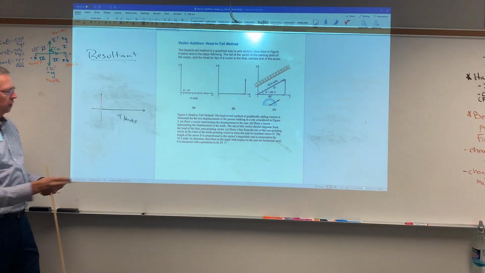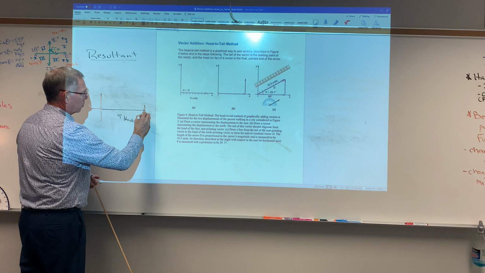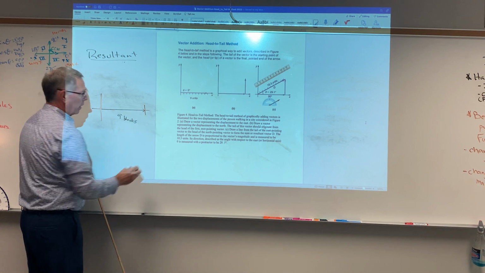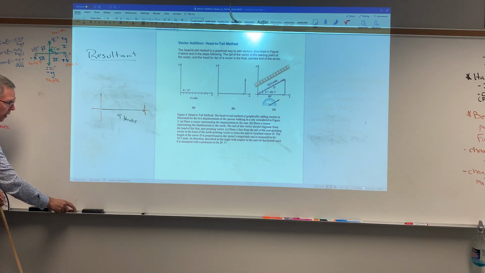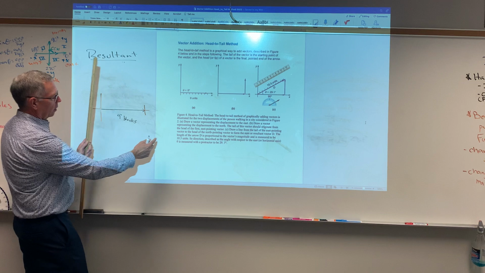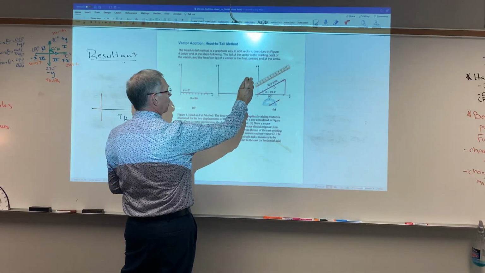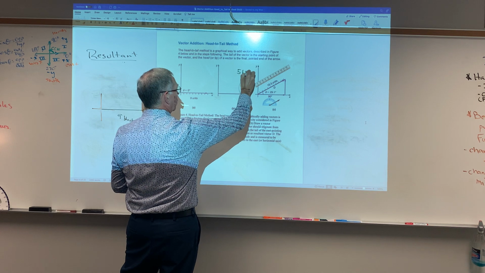All right, so it will be helpful in the future to go ahead and draw a second x and y axis right there at the head of that vector. And then we want to draw a second vector that's 5 blocks north.